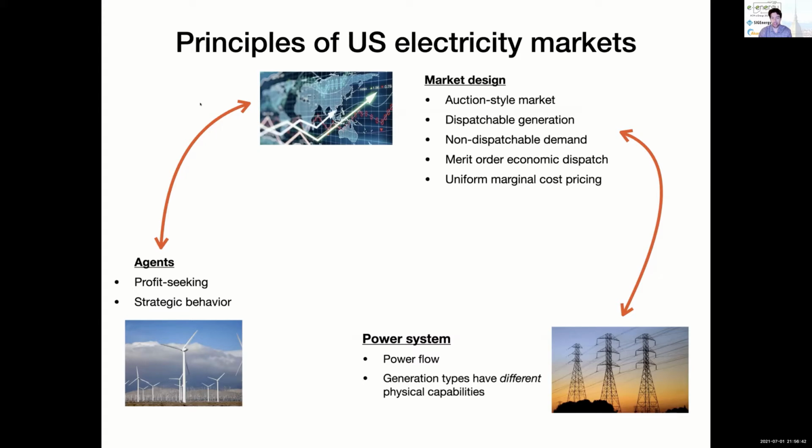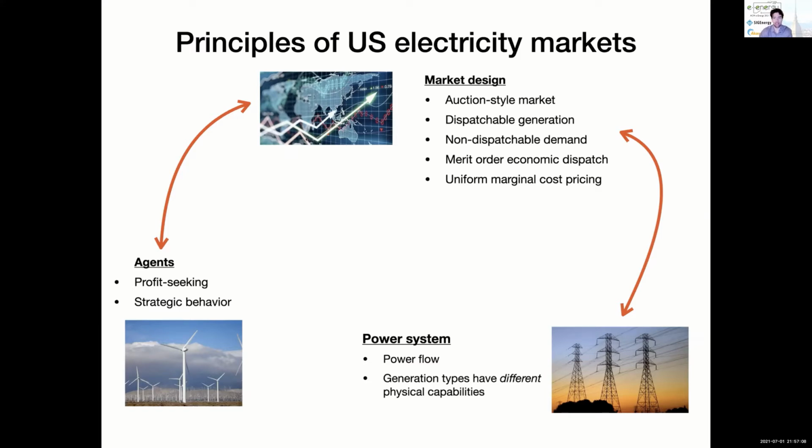That is, they submit their operating limitations and their cost functions, and then they're expected to be able to produce at any operating point in their production region. Another principle is that the demand side of the market is not dispatchable and is treated by system operators as sort of an exogenous input that's forecast more or less.